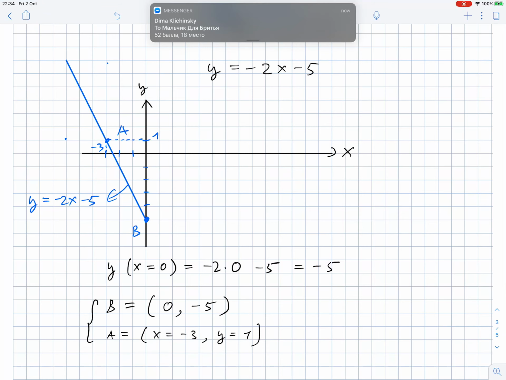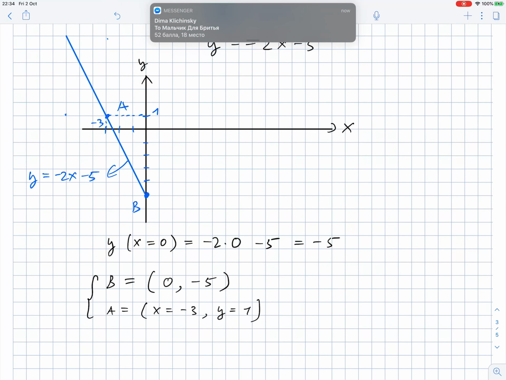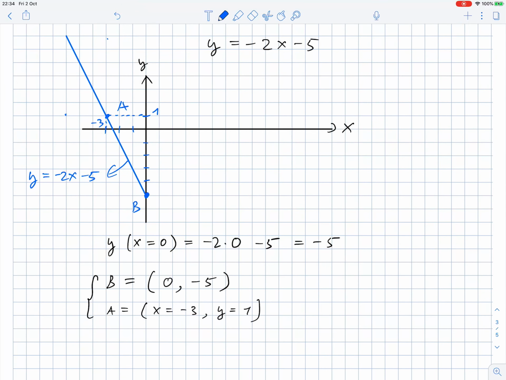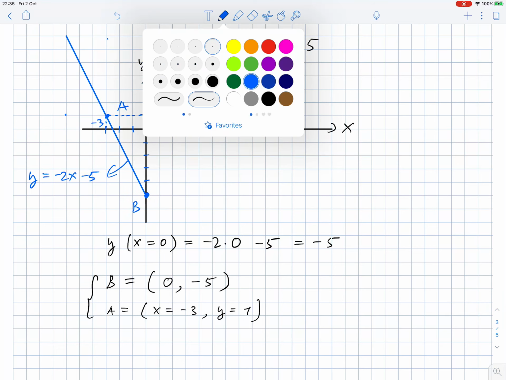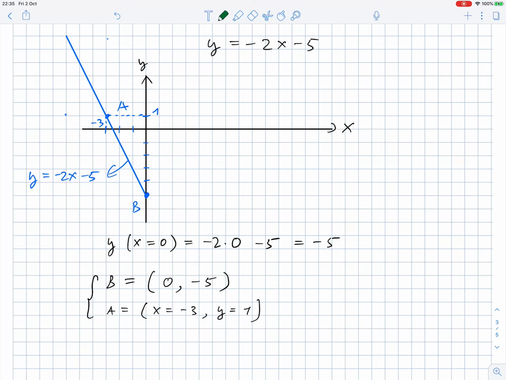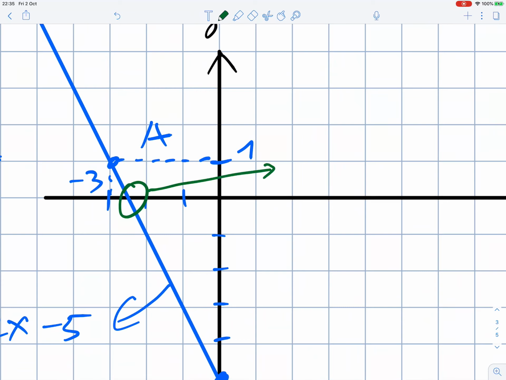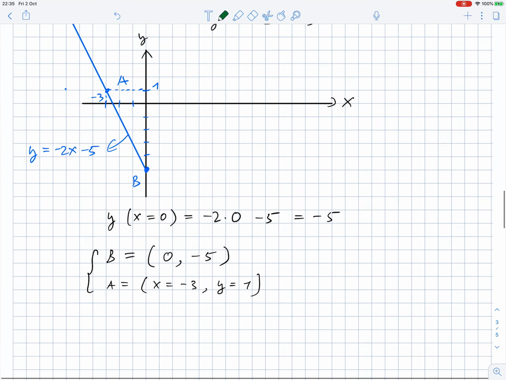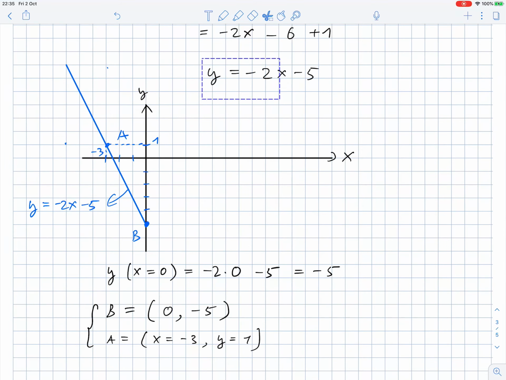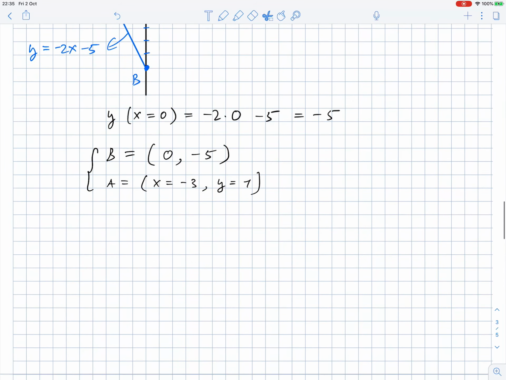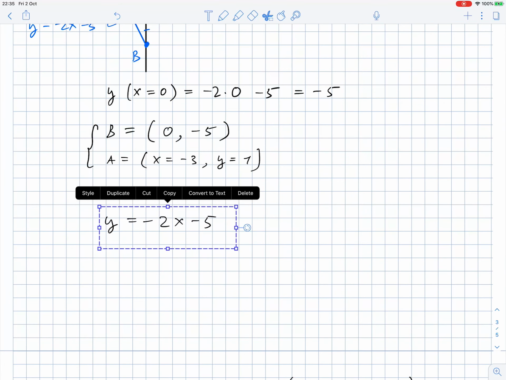Now, we already found the crossover point between the linear function and the y-axis, which is point B. We can also ask ourselves, what is the second crossover point between the linear function and the x-axis? In this case, we need to insert y equals 0. This is our linear function expression.